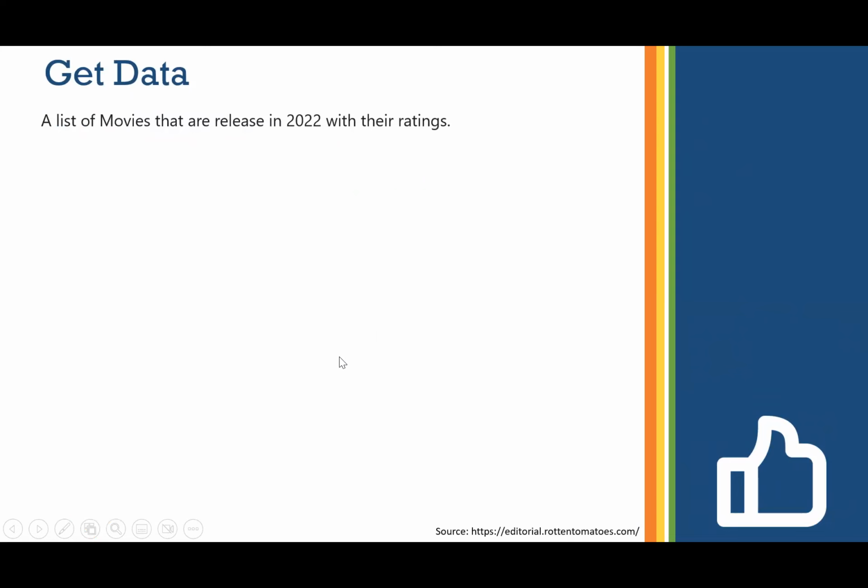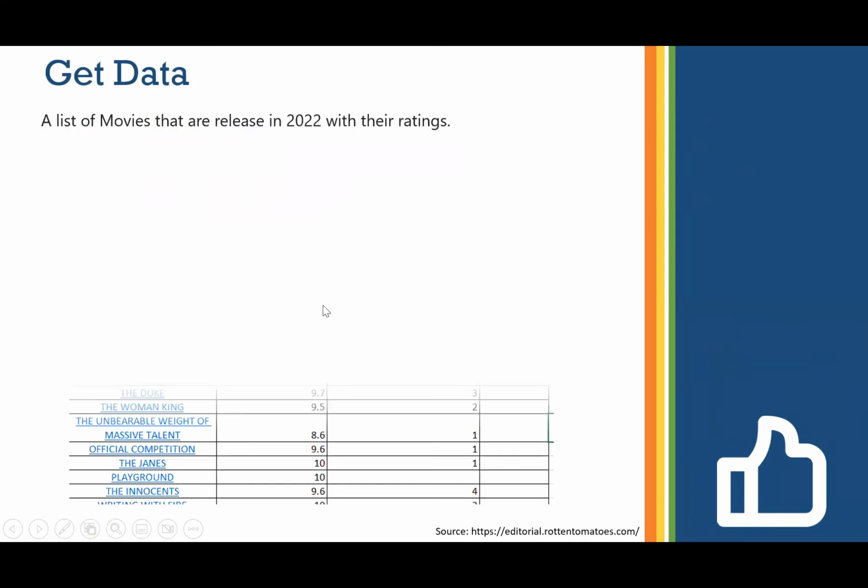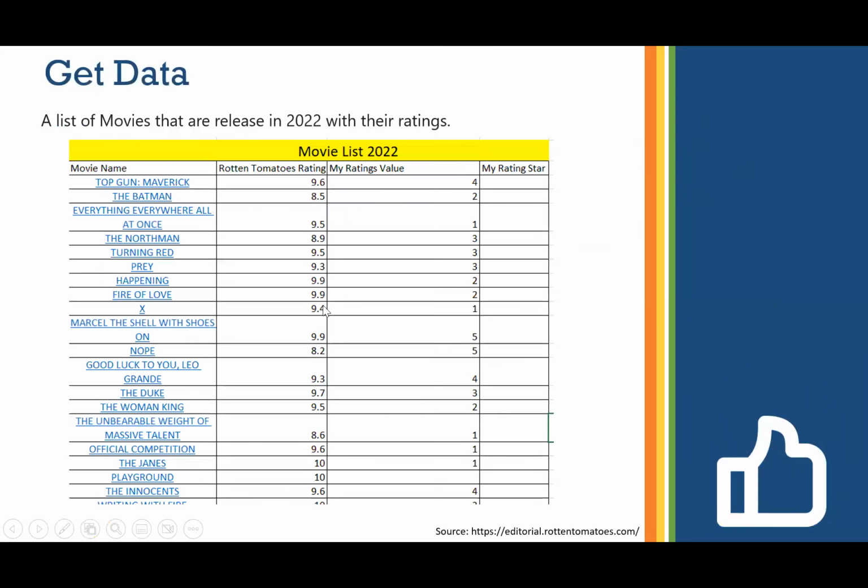So starting with getting data, this is a table of all the movies that are released in 2022 based on their ratings from Rotten Tomatoes as well. Aside of Rotten Tomatoes rating, I have added my own rating, which is a classification of how much I like this video or movie from 1 to 5.